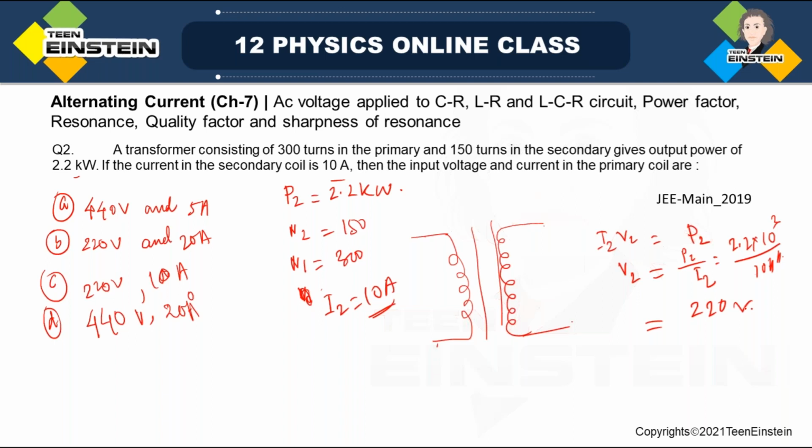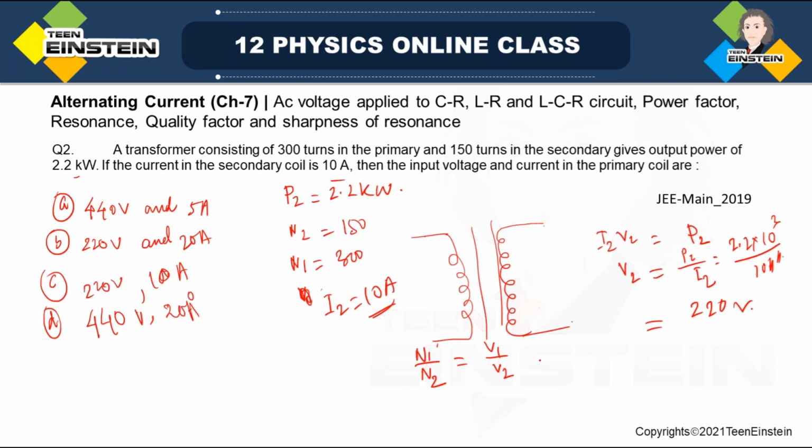Then we have to find out what is V1. We know the action of the transformer, so N1 by N2 is equal to V1 by V2. This relation we know. N1 and N2 are given.